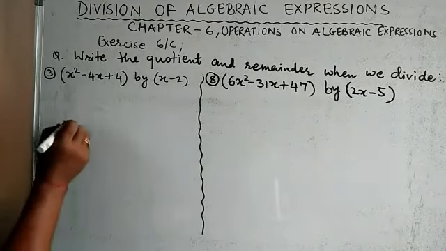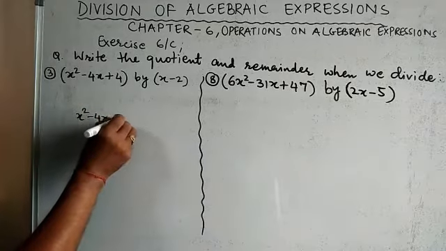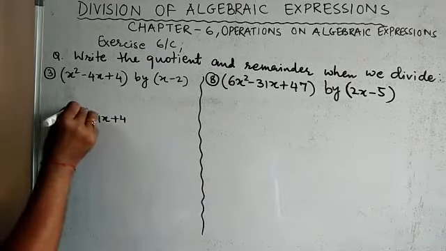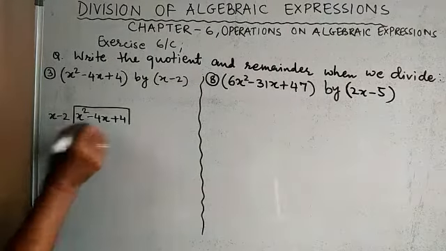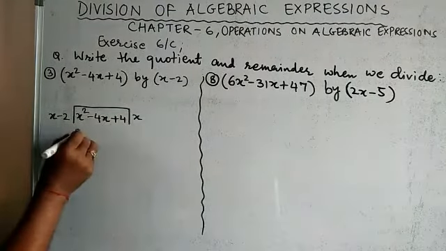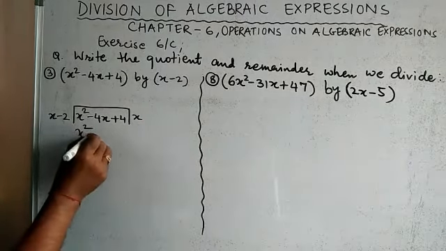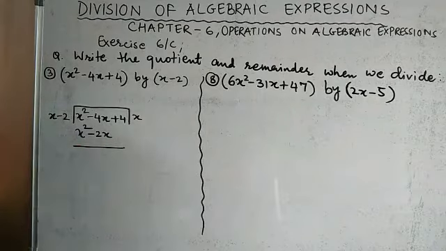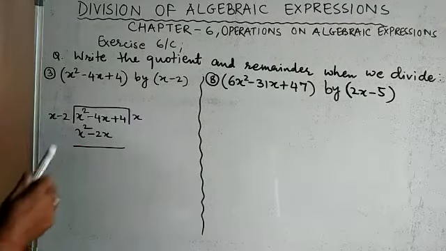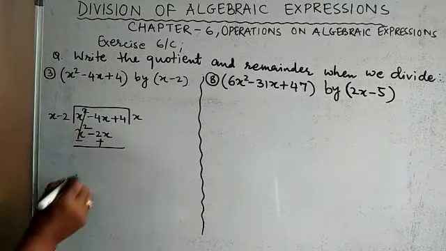So in question number 3, x square minus 4x plus 4, this polynomial is to be divided by x minus 2, so that x when multiplied by x gives x square. Again this x when multiplied by minus 2 gives minus 2x. Now we have to subtract them, so the bottom expression's sign is to be changed. Cancelled.